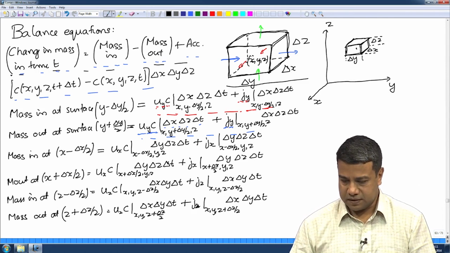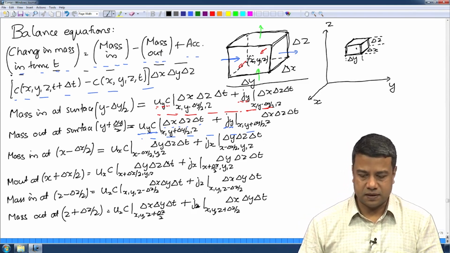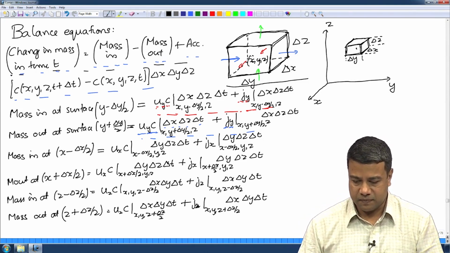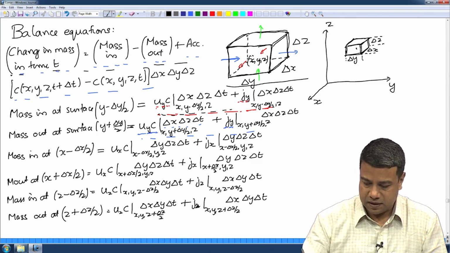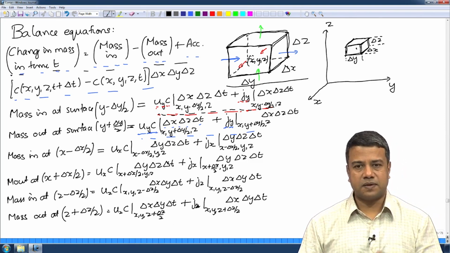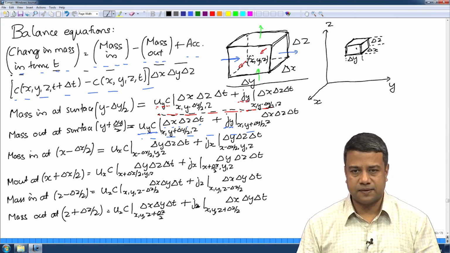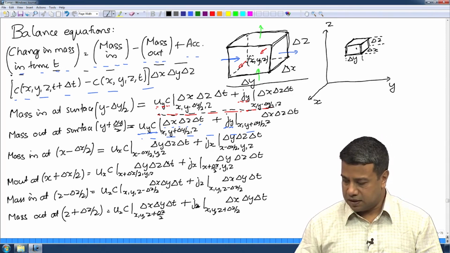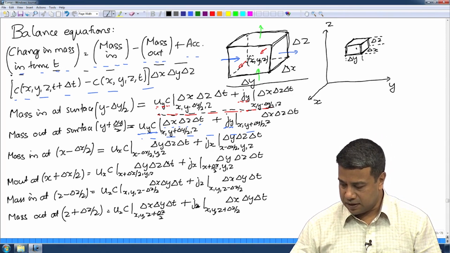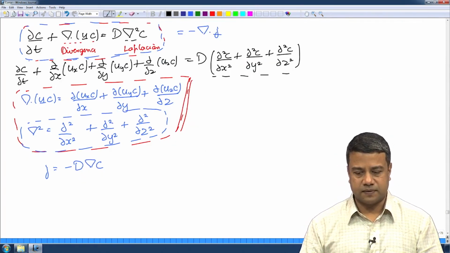And by doing this, we had written down balances consisting of mass in and out at different surfaces, each one consisting of a convective part, which is the velocity times concentration, and a diffusive part, which is the diffusive flux. And we had put all of these together and got a differential equation.